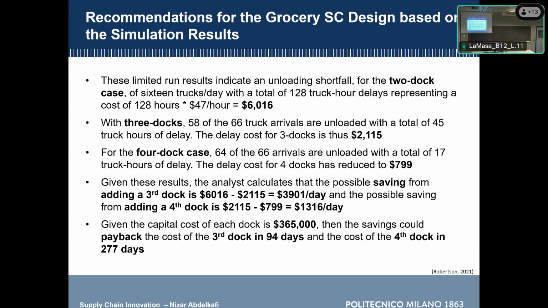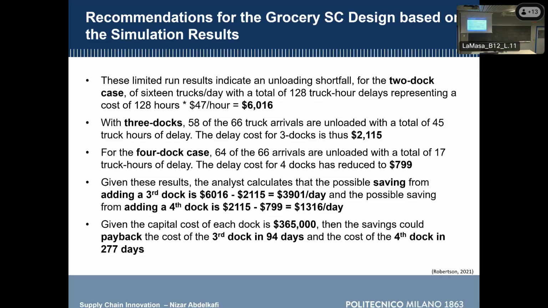It means that for one day, we have $6,000 as delay costs, right? So delay cost for one day is 6,000. Now, with 3 docks, 58 of the 66 truck arrivals are unloaded with a total of 45 truck hours of delay. The delay cost of 3 docks is $2,000.